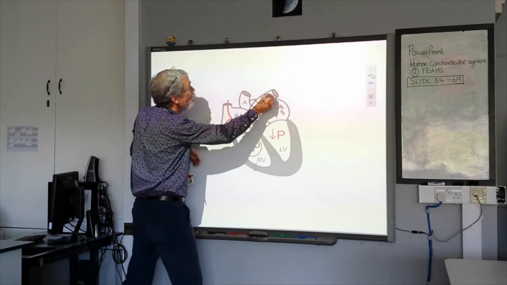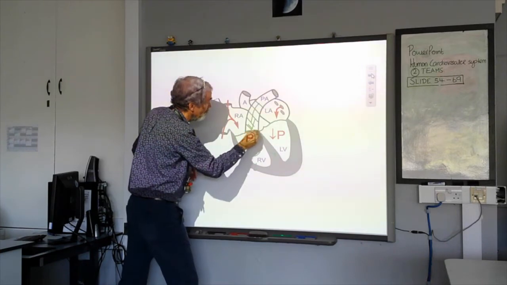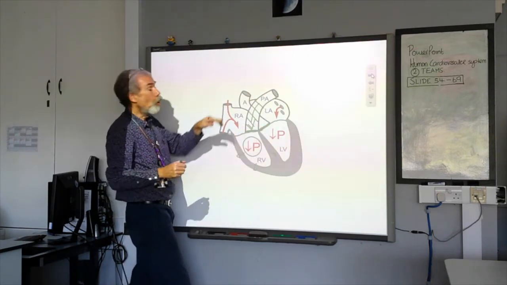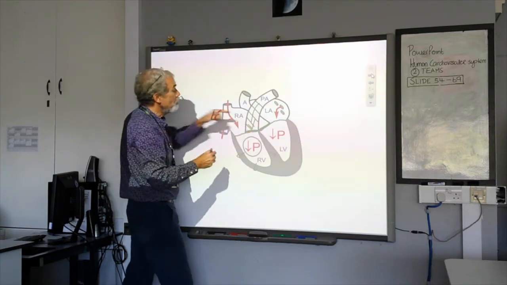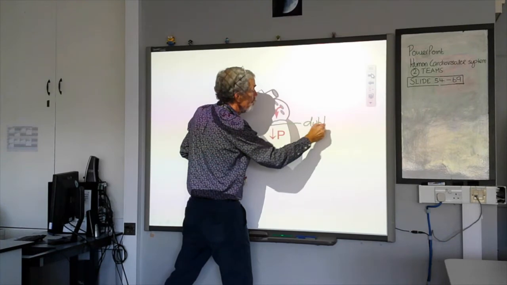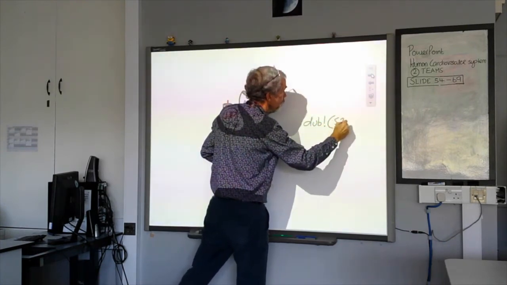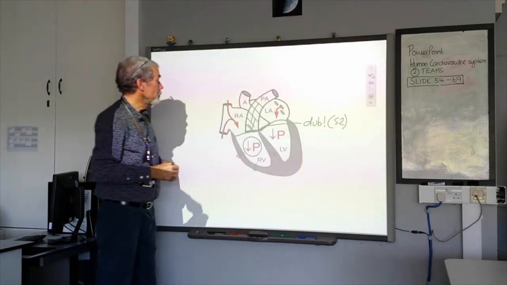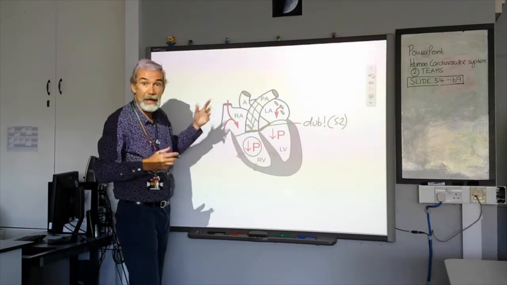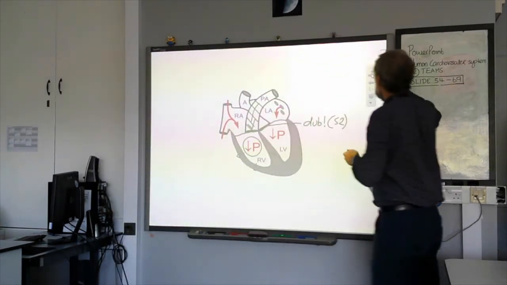But the blood can't come back that way because this valve now slams closed, and that semilunar valve also slams closed, which means we get our second heart sound, which is "dub." Sound 2. "Dub." So all valves are still closed. These two have just made that second heart sound.